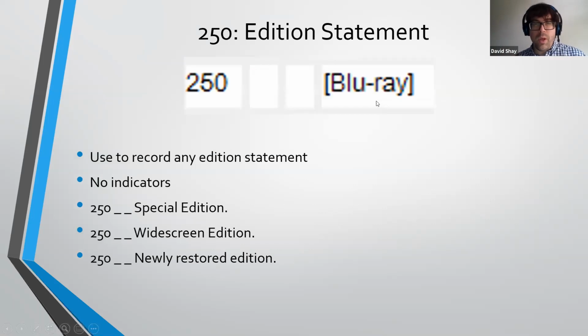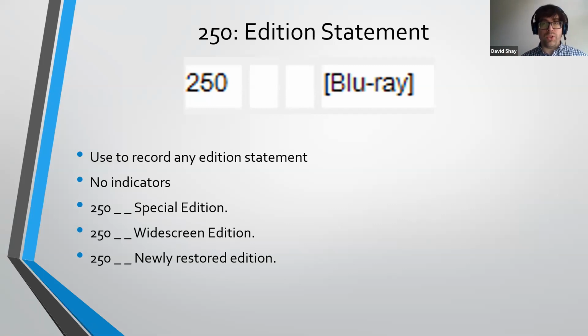Okay. 250 edition statements. You can use this to record any edition statement that may be present. It uses no indicators, and you're going to want to use it for things like special edition, widescreen edition, anything that has the word edition in it, but also makes some sort of statement about this being separate, being a unique thing.